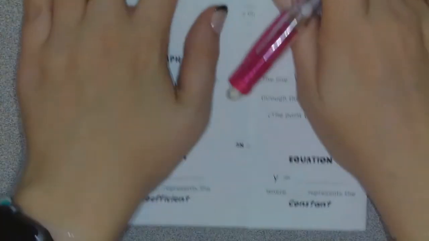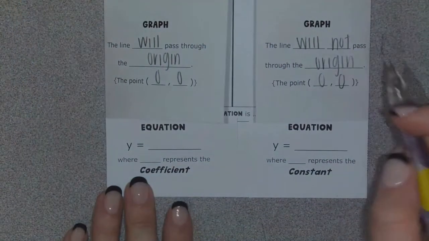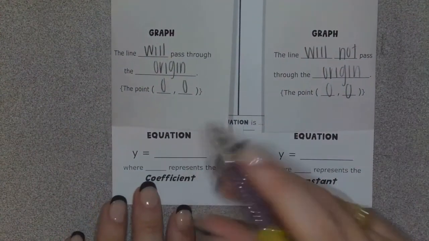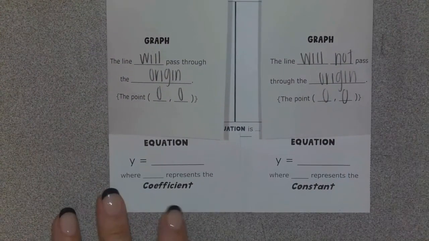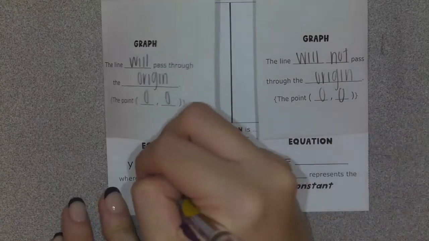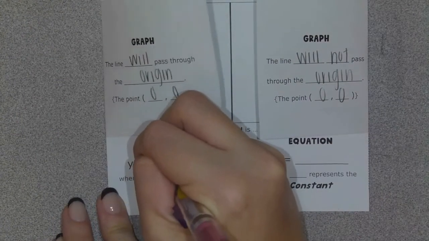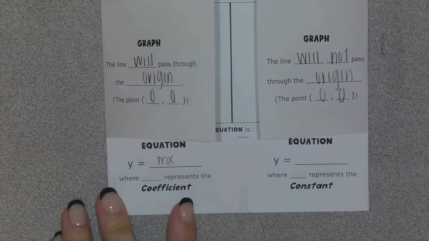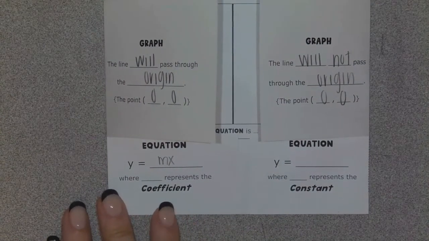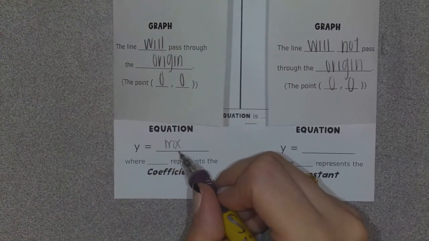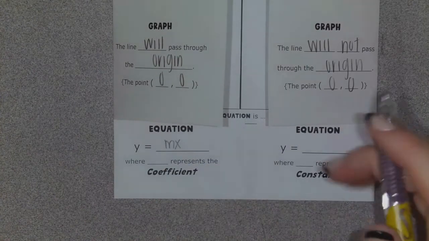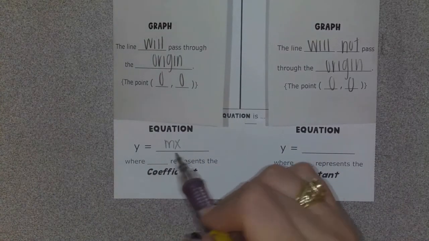And then the last one, let's talk about what our equations look like. So a general equation that represents a multiplicative relationship would be y equals mx. So I have two different variables there. X is our x coordinate, our x-axis. Y is our y coordinate, our y-axis.